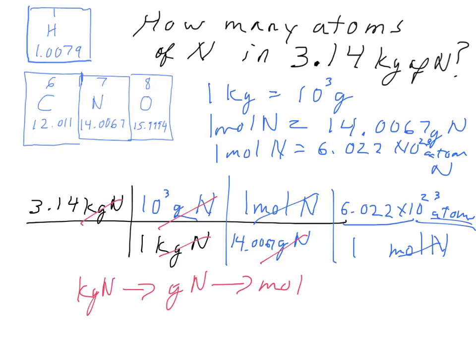Multiply everything on top, divide through by everything on the bottom, and I get 3.14 times 1,000 divided by 14.0067 times 6.022 times 10 to the 23rd. And survey says, 3 sig figs, 1.35 times 10 to the 26th atoms of nitrogen. And that concludes today's awesomeness of lecture.